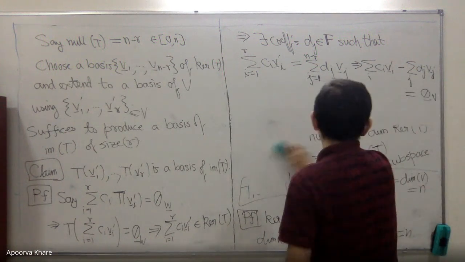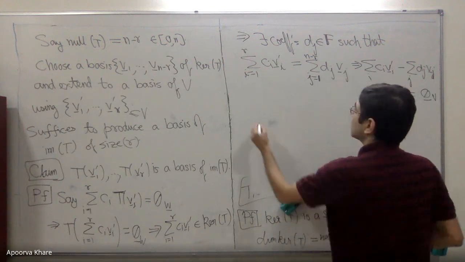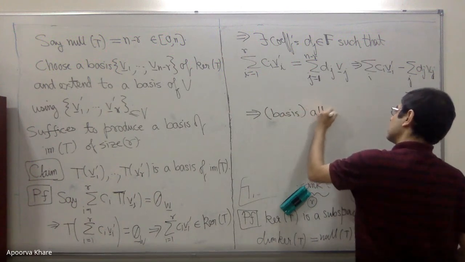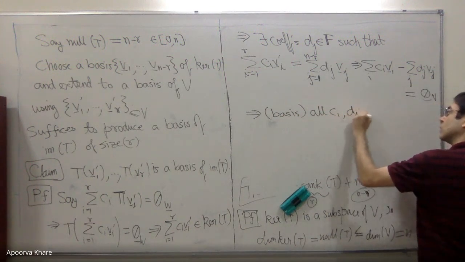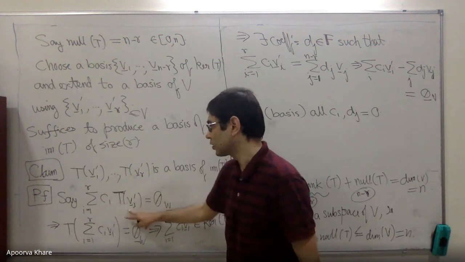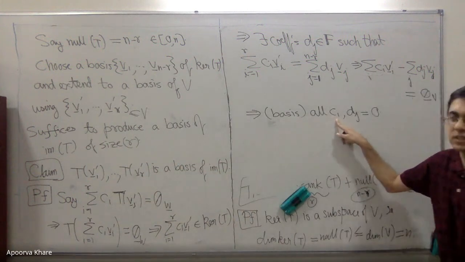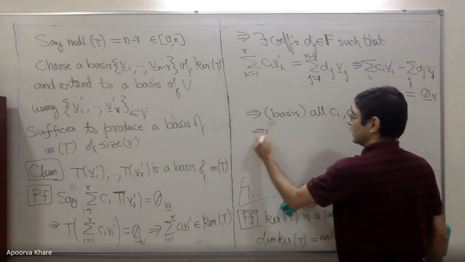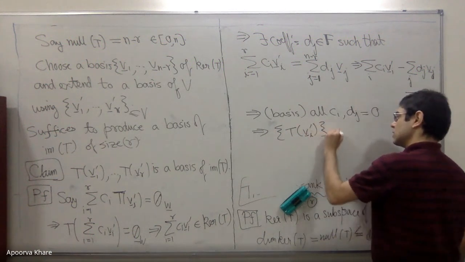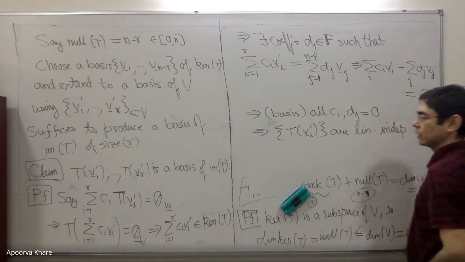And so you get that the ci's are 0. But that means we started with a linear combination of these vectors being 0 and ended up saying that those coefficients are 0, which means indeed that they are linearly independent. This was part A.